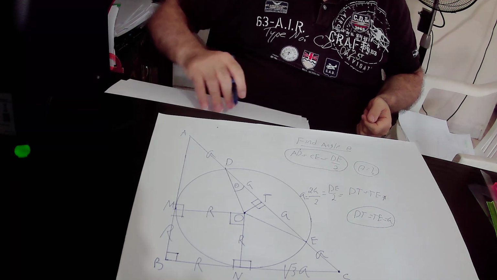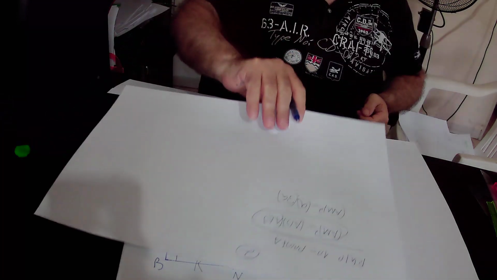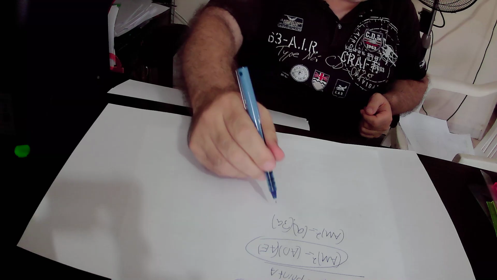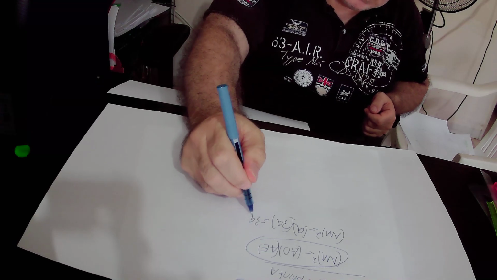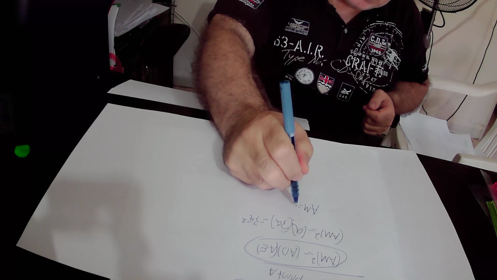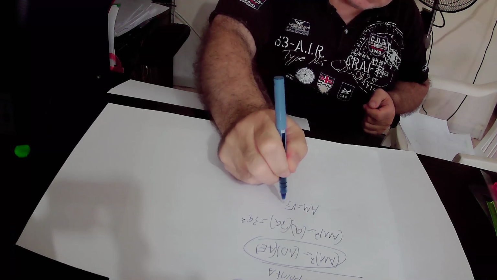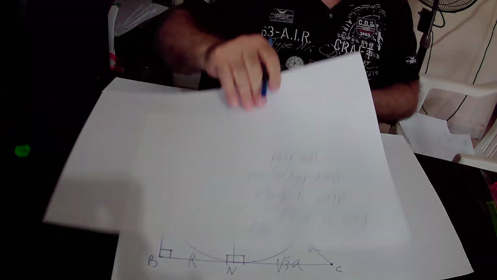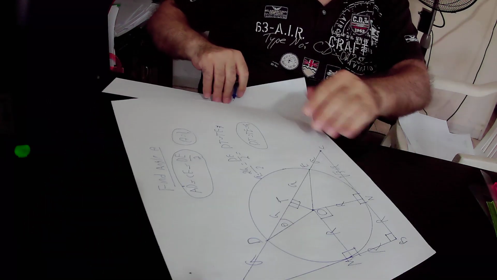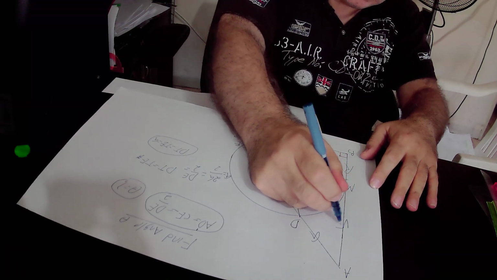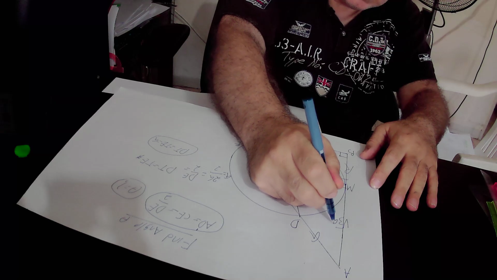In conclusion, AM squared equals A times 3A, that is 3A squared. We take the root of this equation and we get that AM equals the square root of 3 times A.